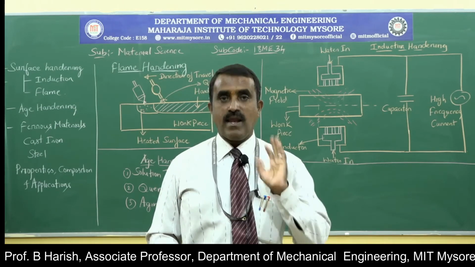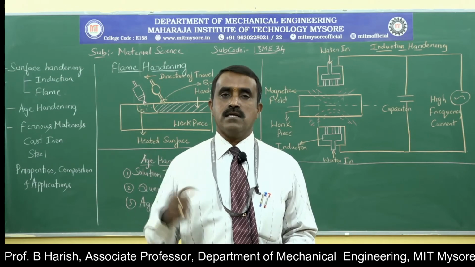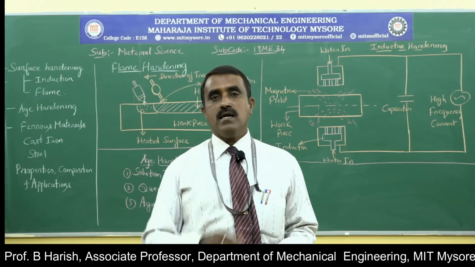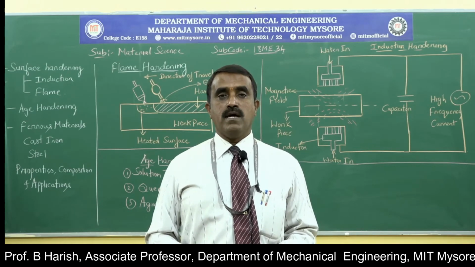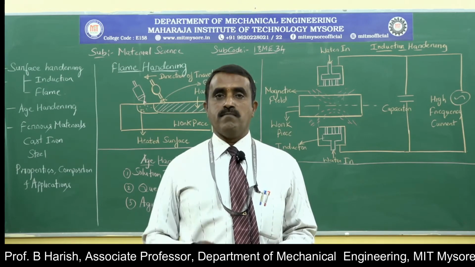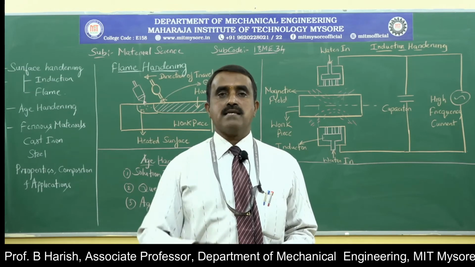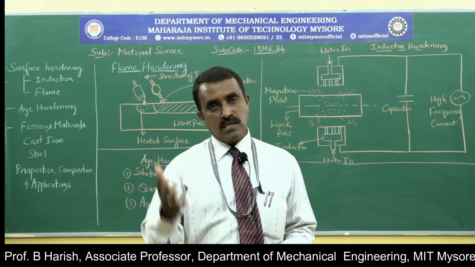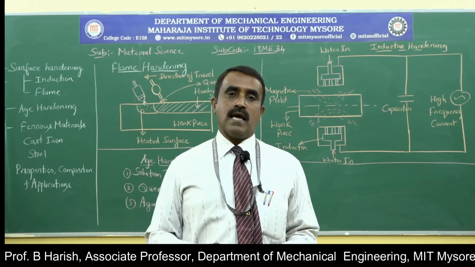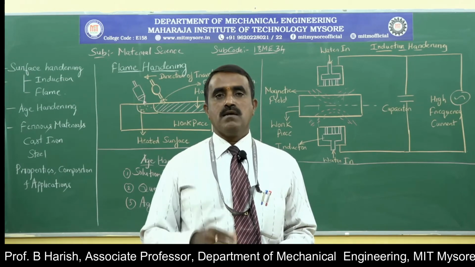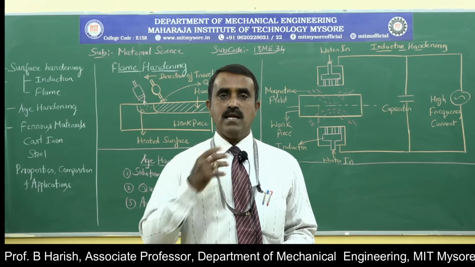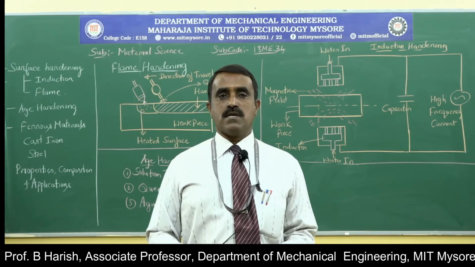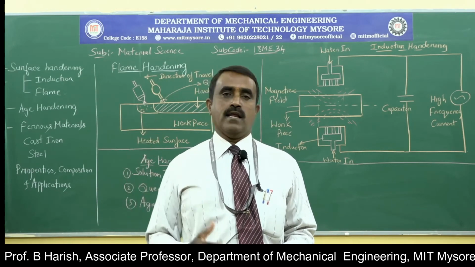The same flame is used for heating the given specimen in flame hardening, generated by any gas combination used in the normal gas welding process. That's why the name is given as flame hardening.